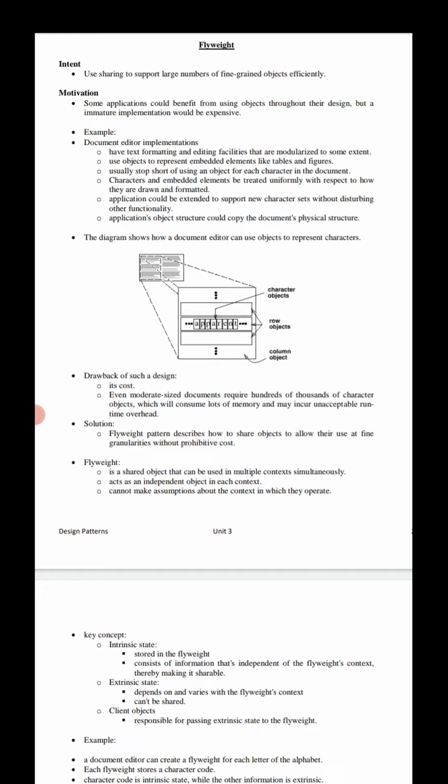Here we are studying two states: intrinsic states and extrinsic states. Intrinsic states are common to all, naturally belong to the flyweight object, and should be permanent, or we can say internally context free.